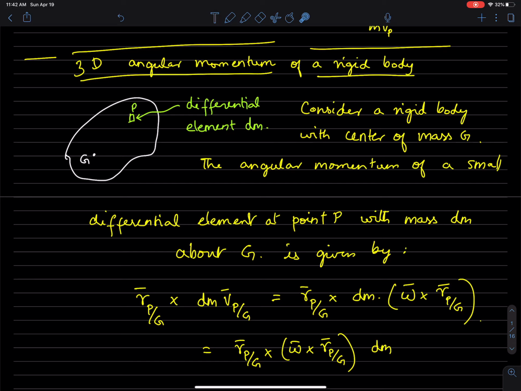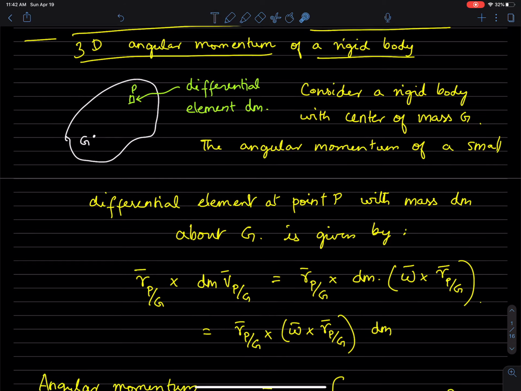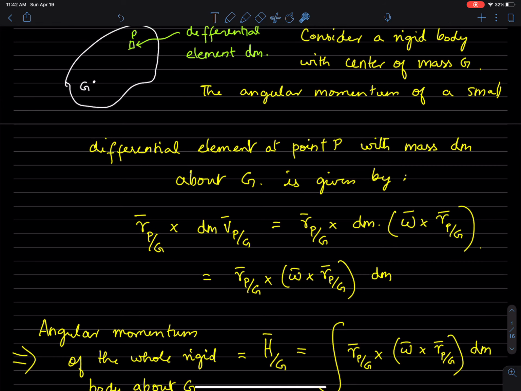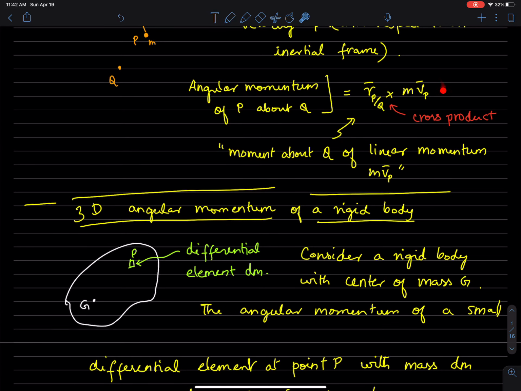Okay, consider a general rigid body with a center of mass G. Then you can consider the angular momentum of just this differential element. The idea is that once we write down an expression for this differential element, we can do the angular momentum for the whole rigid body by integrating over the whole volume. So for just that little differential element of mass dm, the angular momentum is exactly the same as this expression, except we've replaced m with dm.